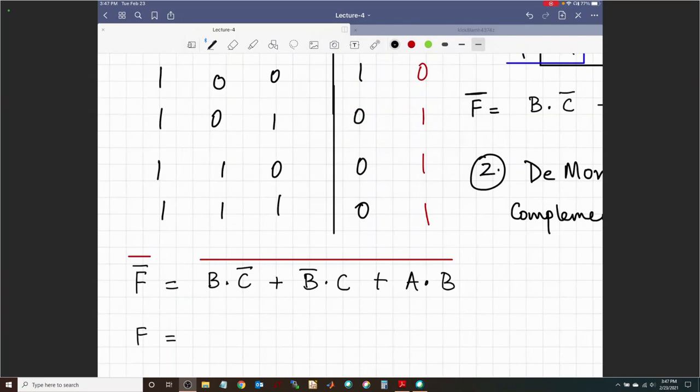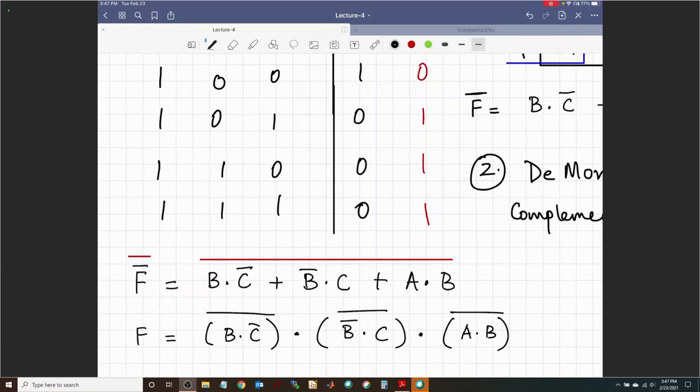And now I can start using De Morgan's law to simplify the right-hand side over here. So what would I get? I would get B and C complement, the whole thing complemented, or becomes AND. This guy complemented, or becomes AND. And then A and B and that.